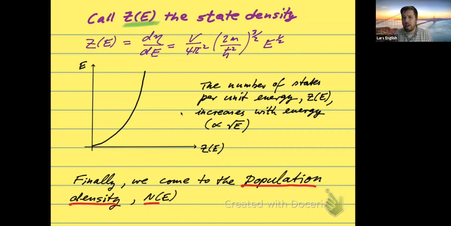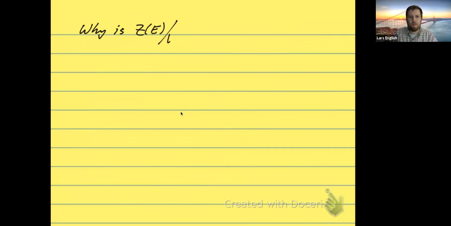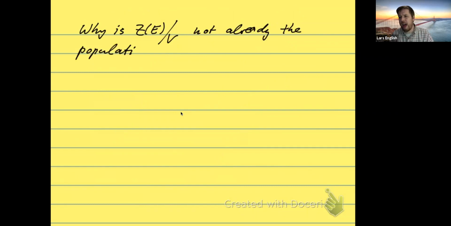Now that we have Z of E, the density of states, under control, for the free electron at the very least, we can come back now to the population density, which is what we're really after, the N of E. So one question you might have at this juncture is, why isn't Z of E equal to N of E? Why do we make that distinction at all?